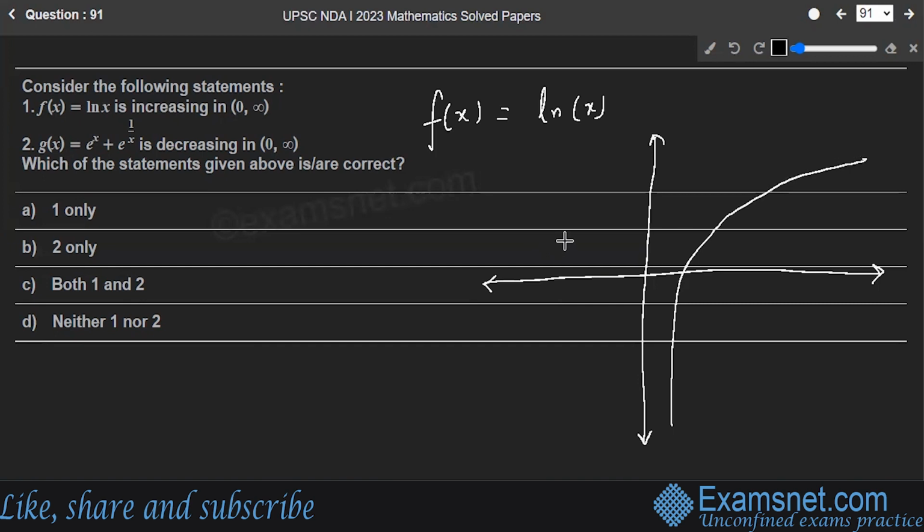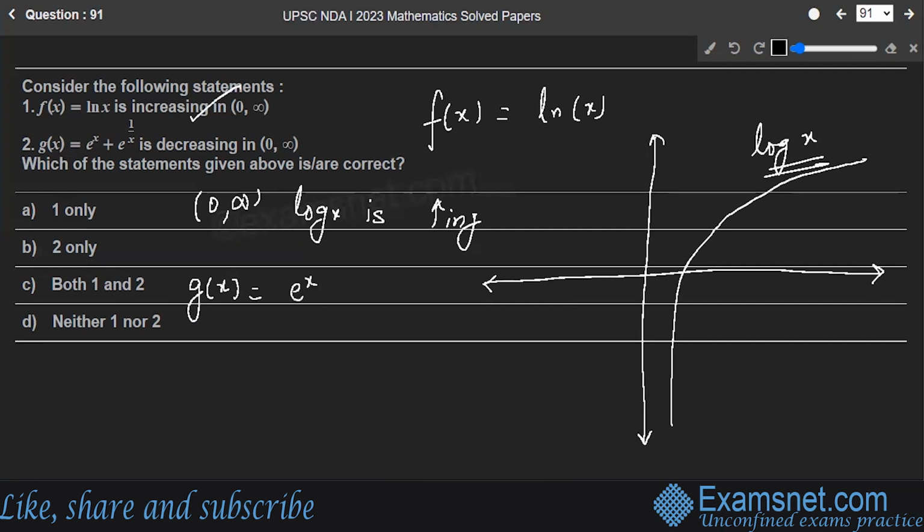Okay. From the above graph, it is very clear that 0 to infinity log x is increasing. That means statement one is absolutely correct. This is the graph of natural log x and this is increasing. Now, second one, it says gx is equal to e raised to power x plus e raised to power 1 by x.